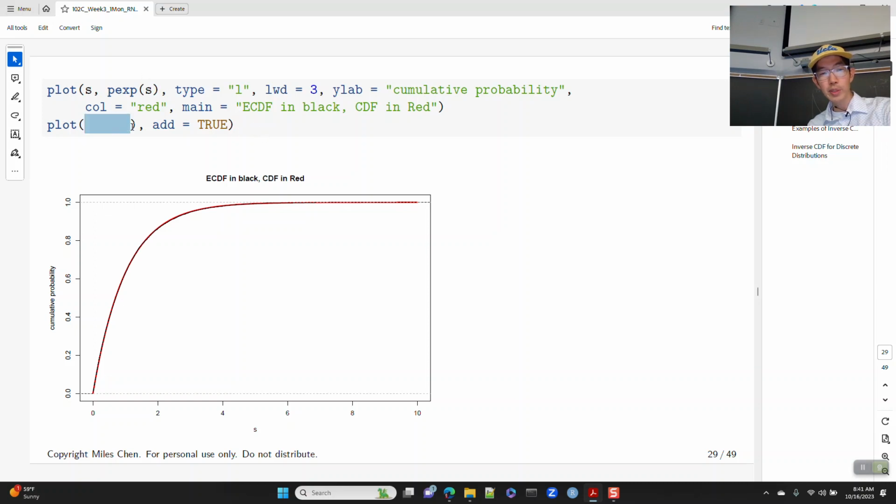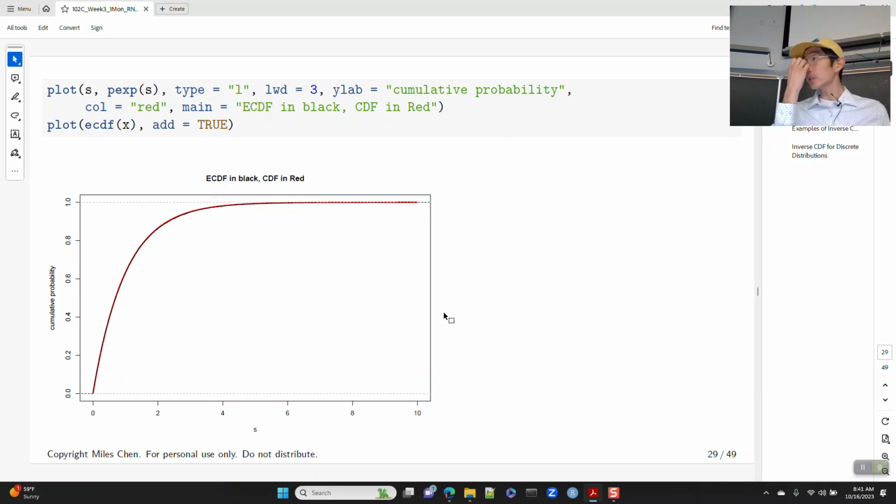Then the theoretic CDF uses the P function. In R, the theoretic CDFs are always P whatever, P exponential, P norm. As we can see, there's very close alignment between our empirical CDF in black and the theoretic CDF in red.